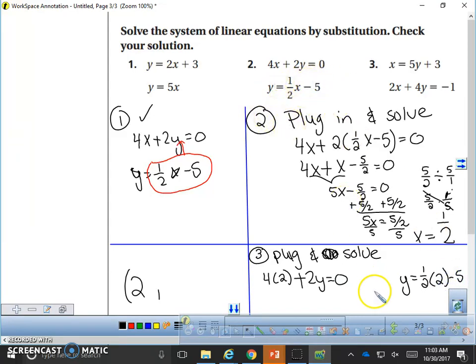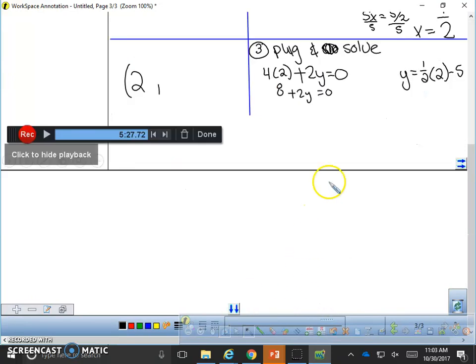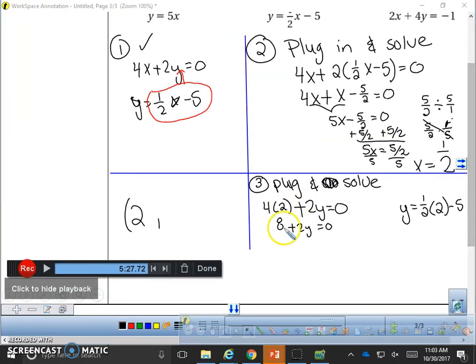Second equation right here. Okay, 4 times 2 is 8. Now I'm going to take away 8, 2y equals -8, divide by 2, y equals -4.